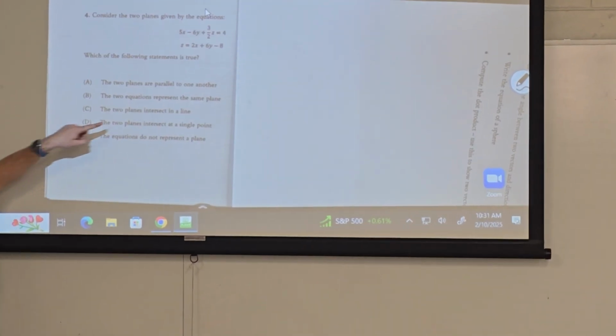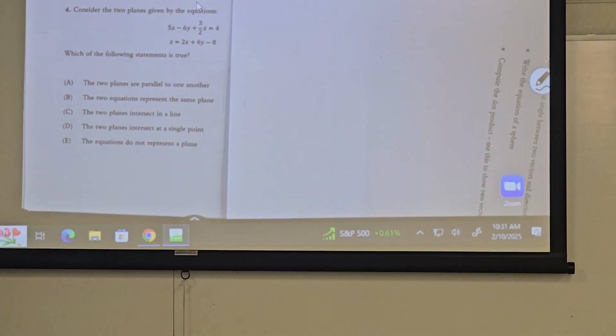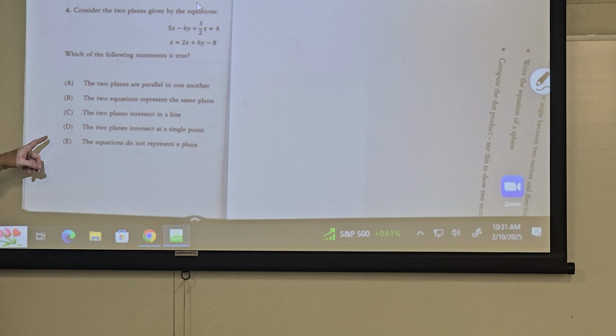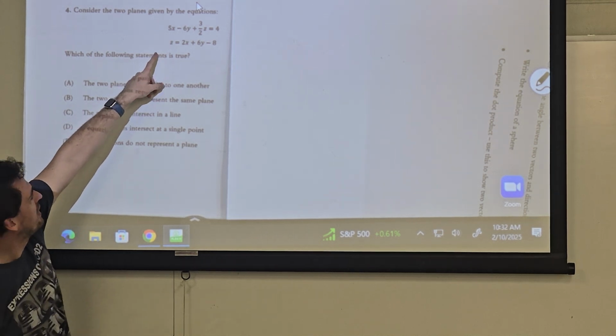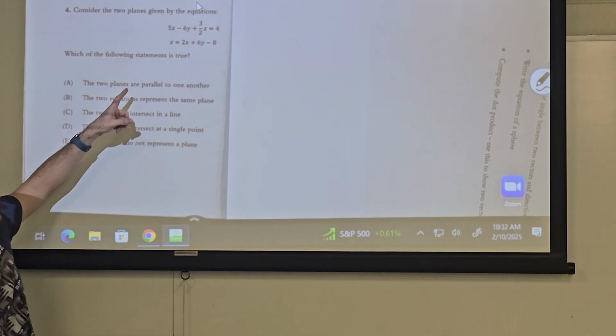To show that two planes intersect in a line, you're basically just showing that they're not parallel. And if the planes aren't parallel, then they intersect, and two planes intersect in a line. The two planes intersect in a single point, so you can cross that one out. The equations do not represent a plane. Okay, let's make sure they do. How do I know that this represents a plane?